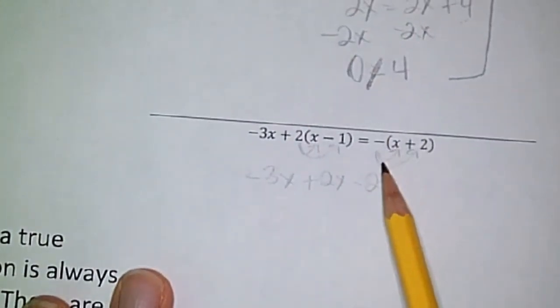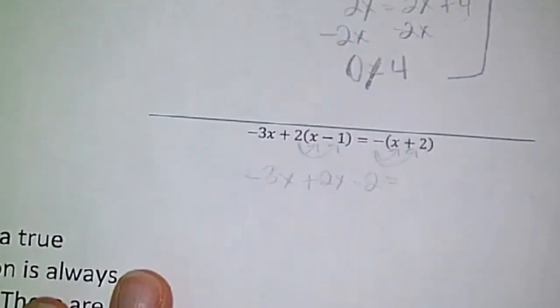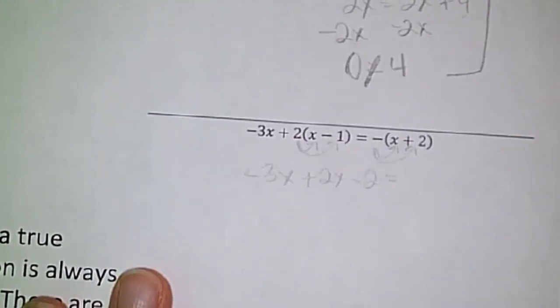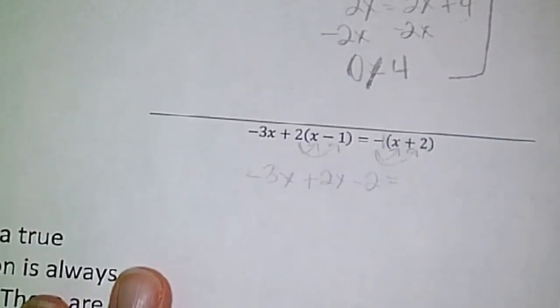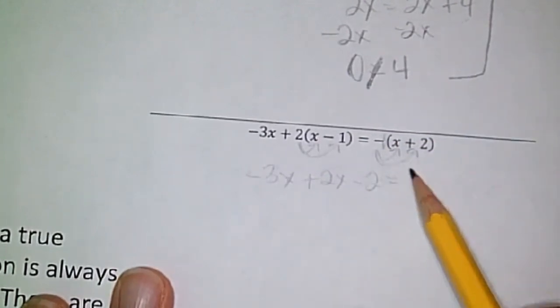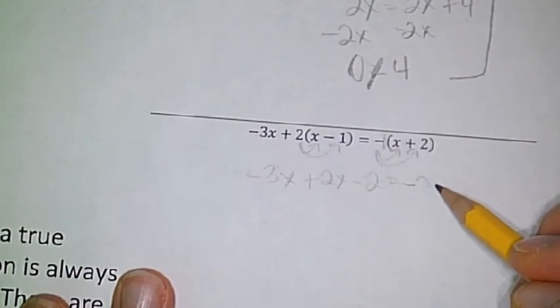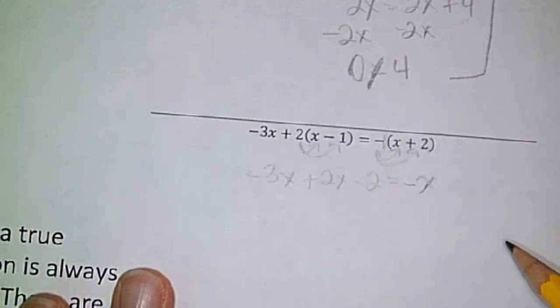This one's kind of tricky. There's our negative sign outside. What number is outside with that negative sign? A 1. If you need to put it there so that you know what you're doing, that's fine. So you have negative 1 times x, which is negative x. Negative 1 times 2, negative 2.